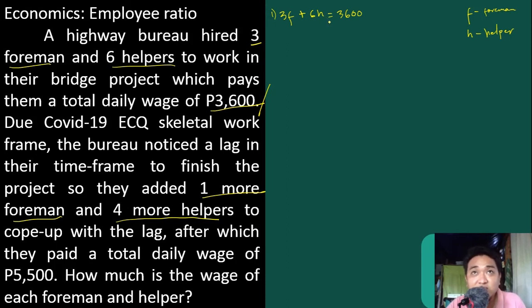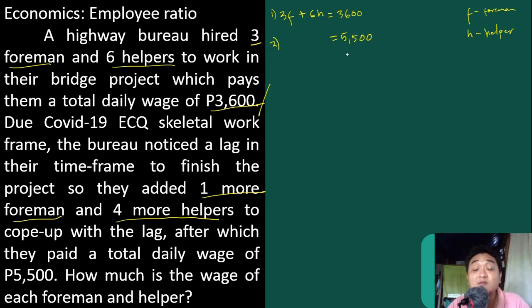To get the total wage for the helpers, we simply multiply the number of helpers times kung magkano yung binabayad sa kanila bawat isa. Ayan. Medyo tricky lang yung problem natin kasi dito nagdagdag ng isang foreman at 4 na helper. Ang binayaran nila is 5,500.